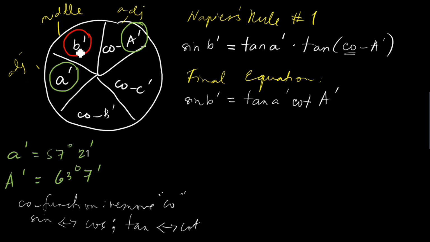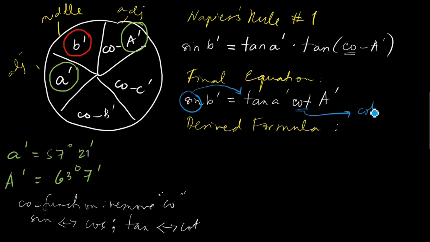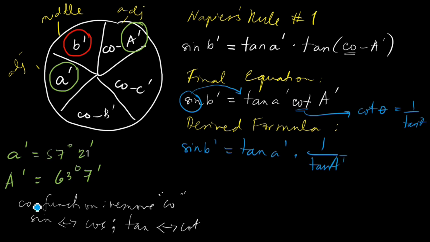Okay. What we need in the circle is to solve for B prime. So let us derive the formula. What we're going to do is move sine to the other side. And for cotangent, we need to use the identity: cotangent theta equals 1 over tangent of theta. Let us just copy this first. So sine B prime equals tangent a prime times 1 over tangent of the big A prime.